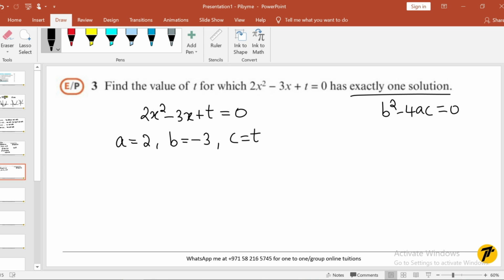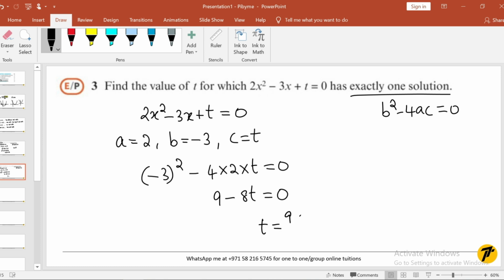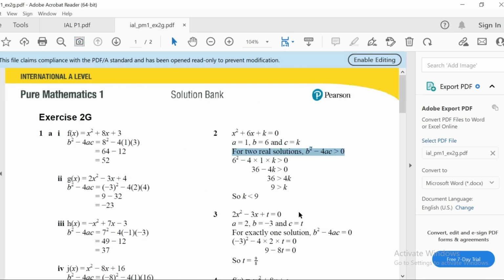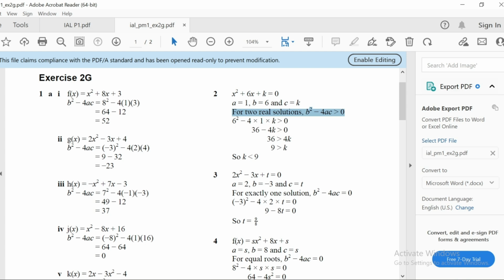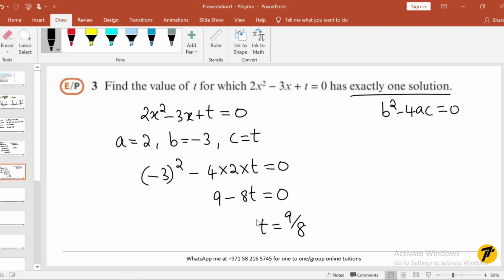Sub into the condition b squared minus 4ac is 0, and always put a bracket around the negative number. So you get 9 minus 8t is equal to 0. t is going to be 9 over 8. That's the value of t for question number 3. For question number 3, the answer is 9 over 8. So that's all. You just need to read the question carefully and apply the condition accordingly. Probably I'll show you one more question.